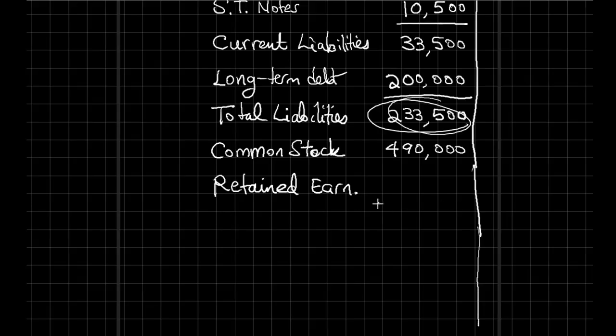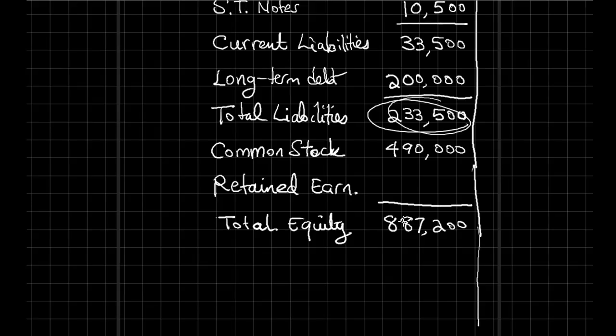so that our total equity is, as we mentioned on the previous page, $887,200. The number that we need for that purpose would be retained earnings, and retained earnings therefore is equal to $887,200 minus $490,000, which should give us, and let me write it with another color, because this is, as I mentioned, a residual account, $397,200.